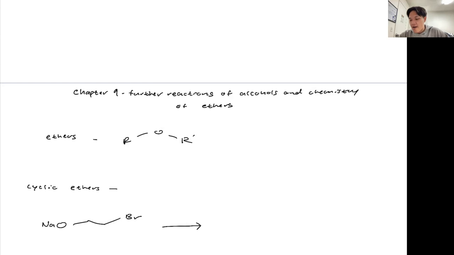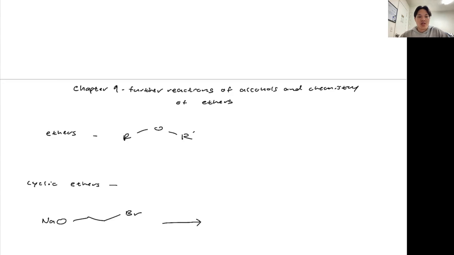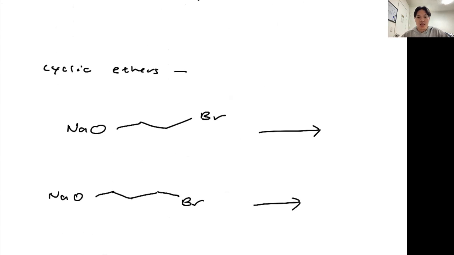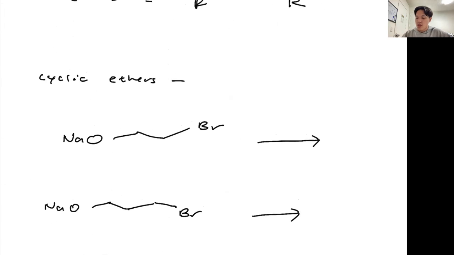So here we have a form of ethers, which are called cyclic ethers, right? So I want you to notice the difference here. This Na is guarding this oxygen's negative charge. So there's an implicit negative charge on this oxygen, right? And then in this molecule, we have a good leaving group and a primary carbon.